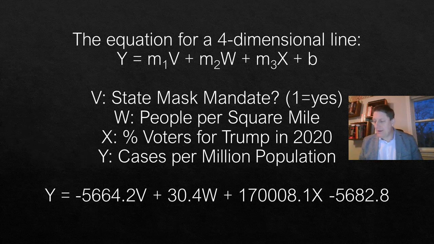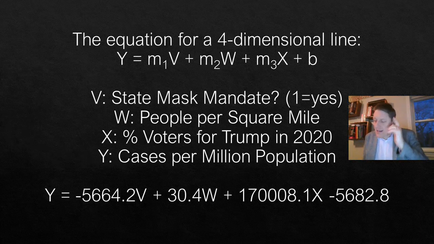5664.2 for v, which indicates that if v goes up from 0 to 1, the case rate goes down by 5,664 per million population. So that's consistent with our prediction. People per square mile, if you control for those other two variables, is in the right direction.